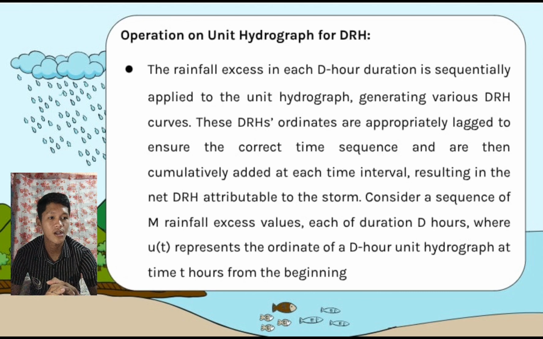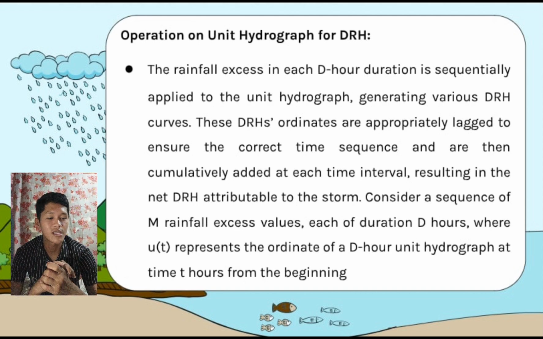These DRH ordinates are given the appropriate lag to ensure the correct time sequence and are then cumulatively added at each time interval, resulting in the net DRH, or the direct runoff hydrograph, attributable to the storm. Consider a sequence of M rainfall excess values, each of duration D hours, where U(T) represents the ordinates of a D-hour duration unit hydrograph at the time T, or the T D hours from the beginning.